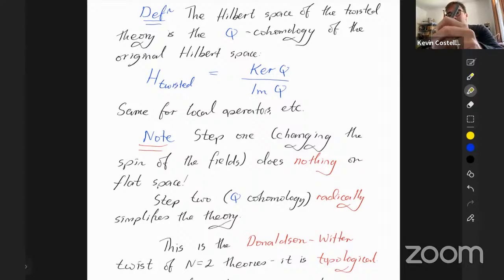The twisted Hilbert space is defined to be those states which are in the kernel of Q modulo those which are in the image of Q. And we do this for everything else. We do this for local operators. Of course, if it's a CFT, that's the Hilbert space on the 3-sphere. It's a bit more challenging, but it is also possible to formulate this definition for extended operators.